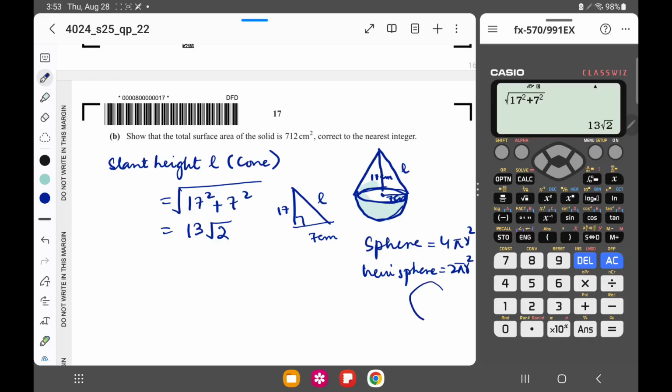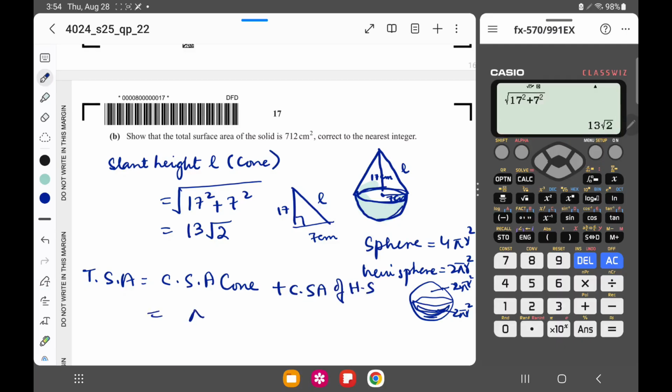Because if I take only this part of the sphere, the upper one will be 2 pi r square, and the lower one will also be 2 pi r square. So half of it will be 2 pi r square and the full sphere will be 4 pi r square. So the total surface area required in the question is the curved surface area of the cone plus the curved surface area of the hemisphere.